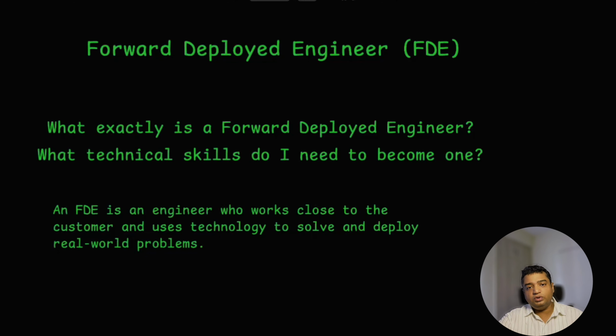So the FDE owns things from the business requirement to writing, implementing, and deploying it. The FDE has to be there from the first phase of the requirement to the end phase of the deployment and the cutover.